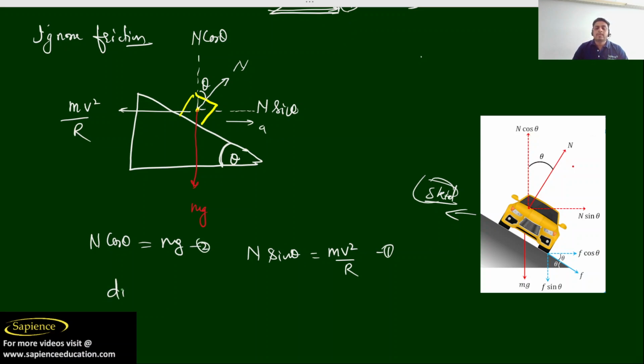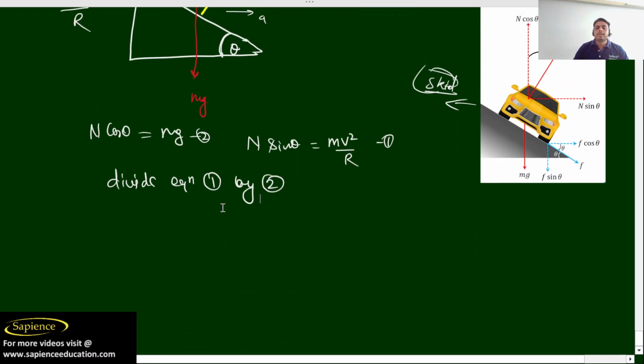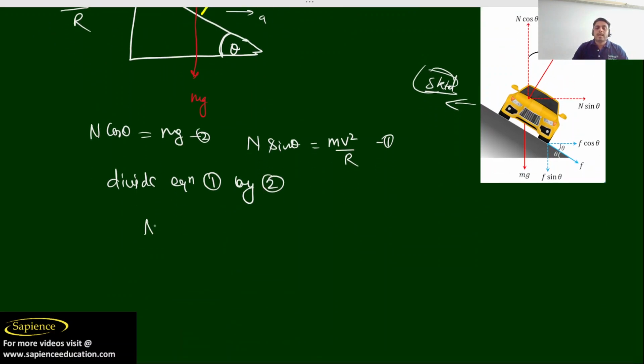Divide equation 2 by 1. If I divide, what will be the result? See here, N sin theta divided by N cos theta is equal to mv square by r divided by mg.